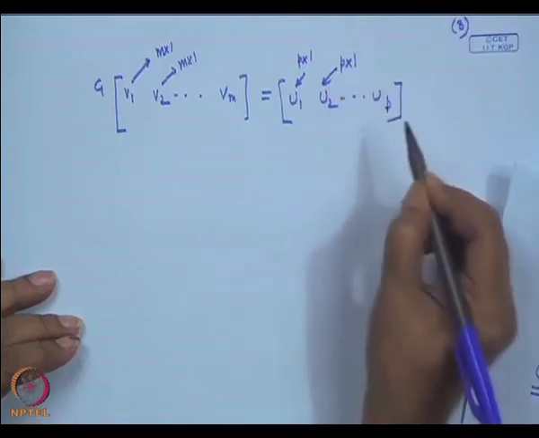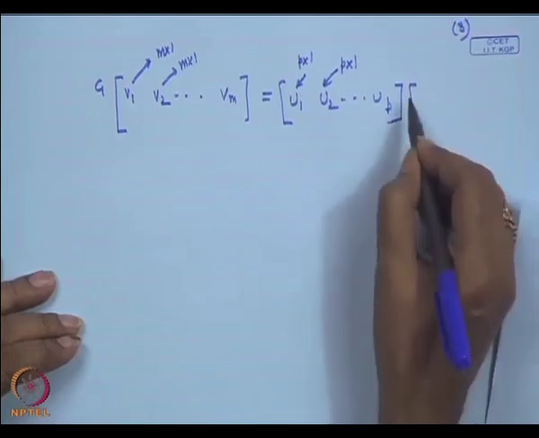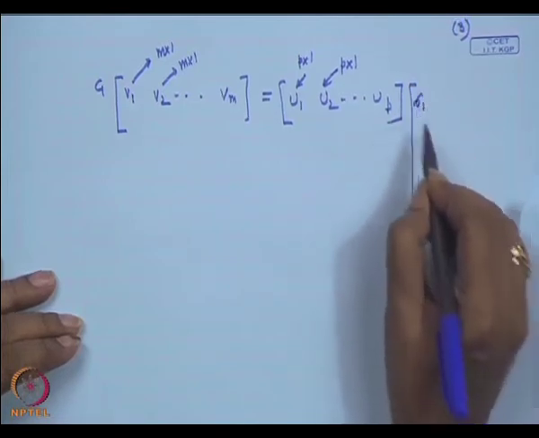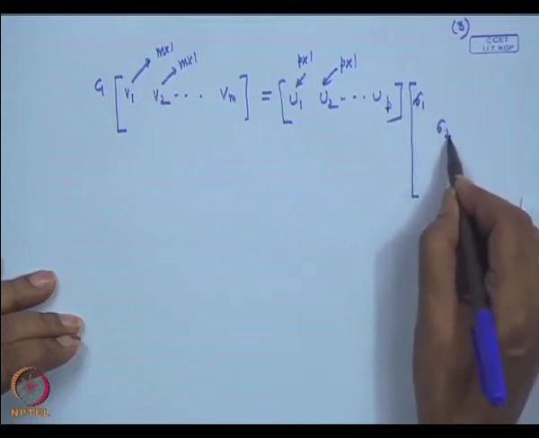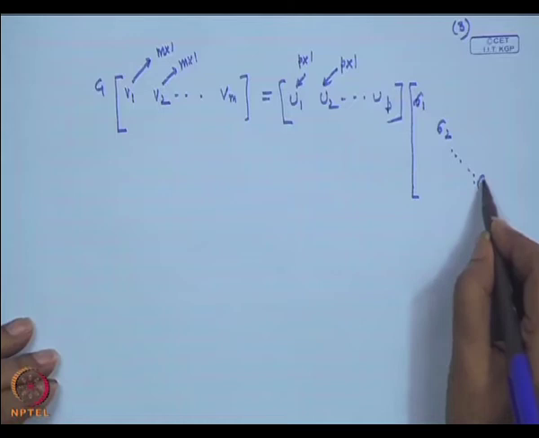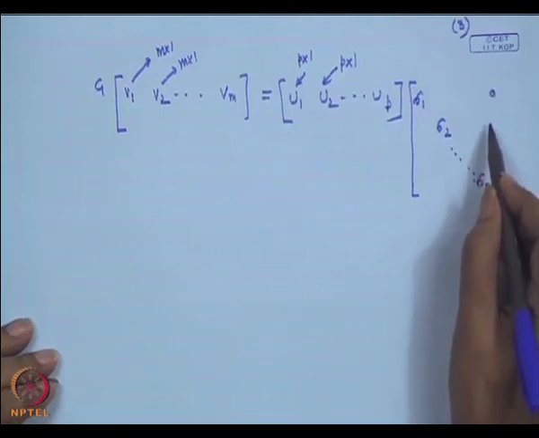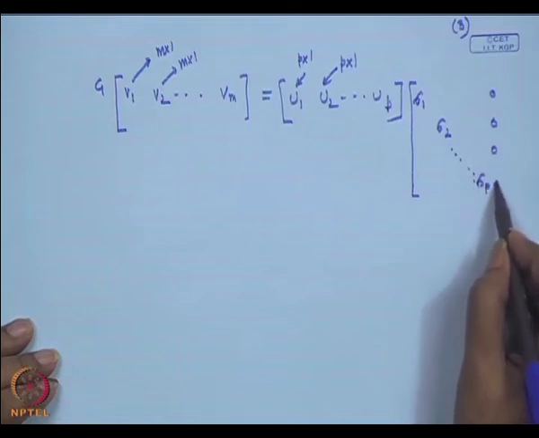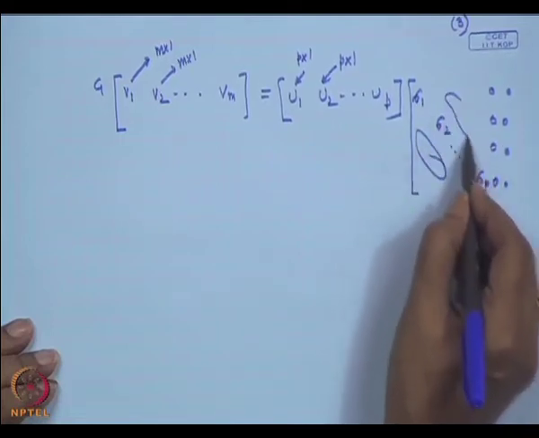Into the sigma structure, as you have seen, sigma 1 is a non-zero, maybe positive quantity, sigma 2, up to sigma P, and others are all zeros.